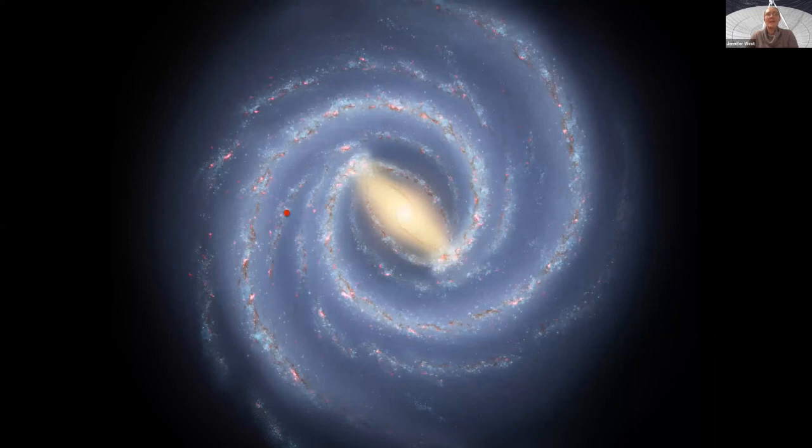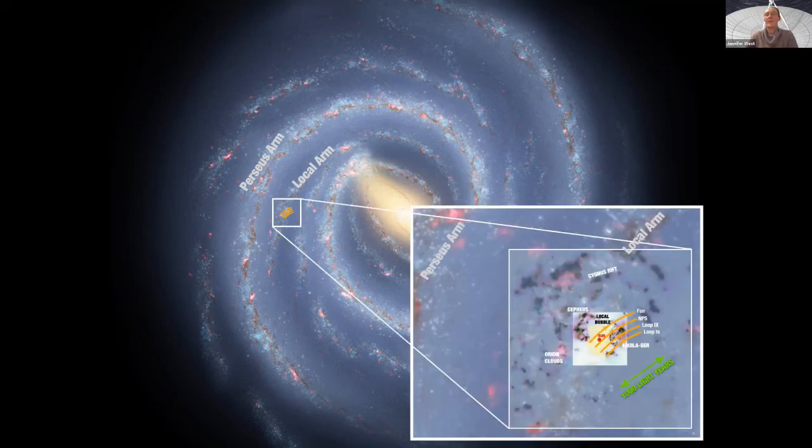That red dot there is the position of the sun, and this is our local arm. And these little curved lines are about that long, which is about 1,000 light years long. So again, our nearest star is only 4 light years away. So this is still quite large and a very far distance in space, but on the scale of our whole galaxy, it's really quite close to us. It's in our local neighborhood, if you like.